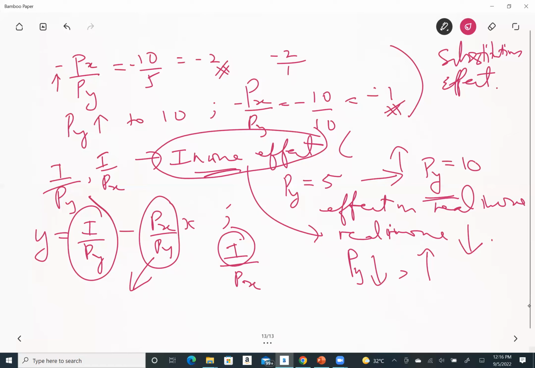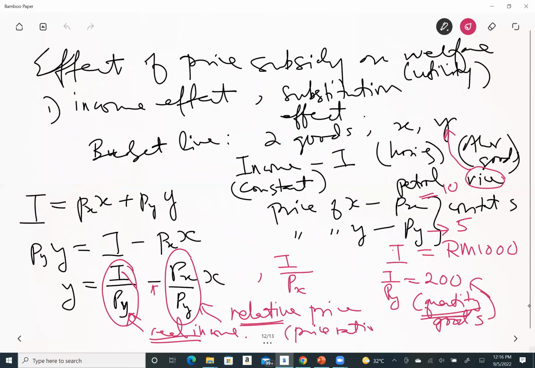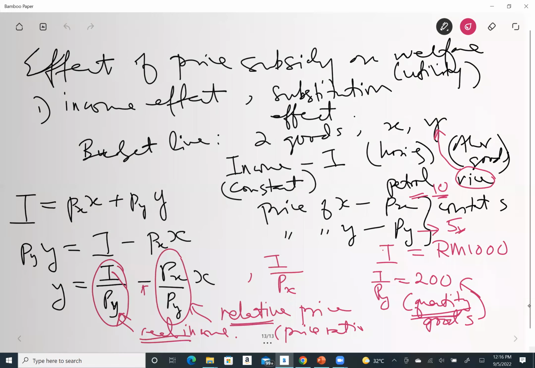Now, the price of petrol, why was rice? The price of rice, I think we just use this. We use the price of petrol. Price of petrol 10, price of Y 5. Now we want to look at petrol, because petrol, we can imagine.